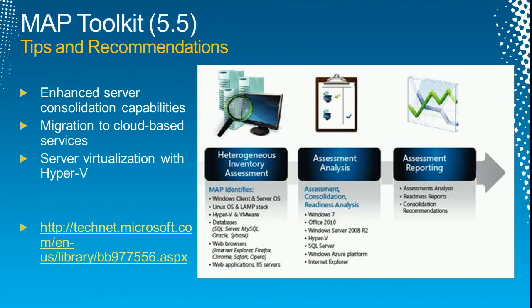And as we're moving towards private cloud and public cloud modeling, we're starting to move this product up the stack to analyze those types of solutions, private cloud, public cloud, or public-private cloud solutions. So when you start seeing the next generation of MAP come out after 5.5, you're going to see the clouds included in that assessment. So that's a great thing.